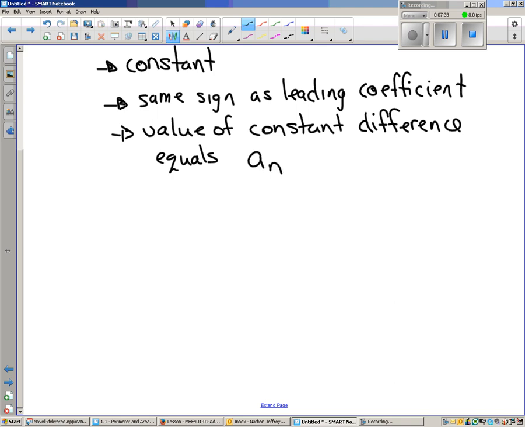So what is that in terms of our polynomial? The leading coefficient. So it's going to equal a_n, which is our leading coefficient, times n factorial.